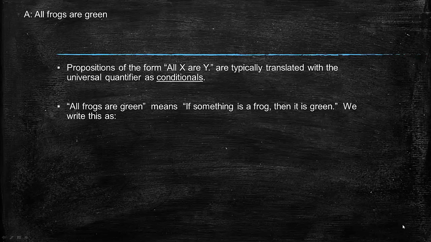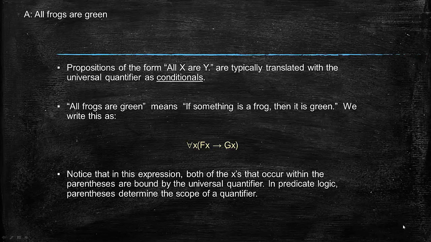In predicate logic, we write this as for all x, if x is a frog, then x is green. That's exactly how we read that statement: for all x, if x is a frog, then x is green.